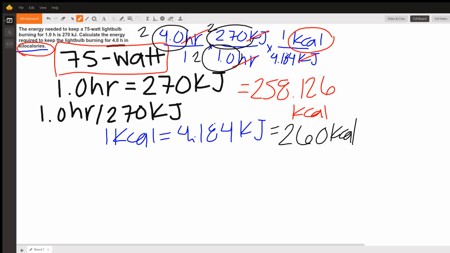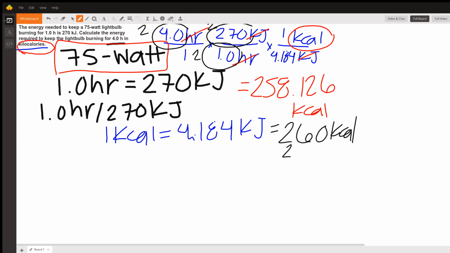If your teacher likes to use scientific notation all the time, mostly it's okay until you get to the thousands. But scientific notation would just be 2.6 times 10 to the, you carry over the decimal, 1, 2. 2.6 times 10 to the second kilocalories.